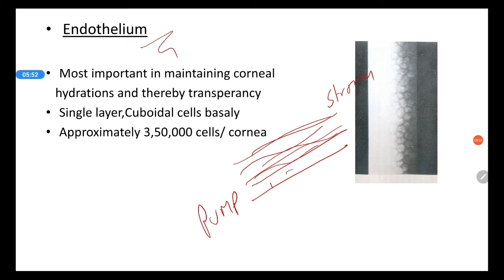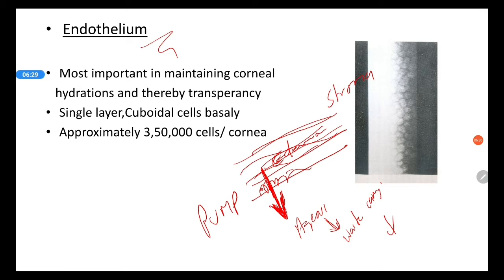There is a pump which works and drives out all the edema, or stromal or collagen products, or waste materials, with the help of the endothelium. It pumps these things into the aqueous, which is the waste carrying channel that is replenished with newer aqueous cells.